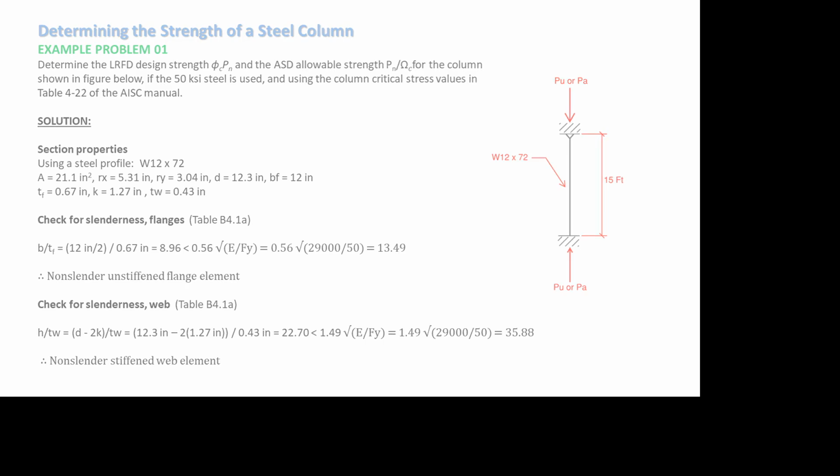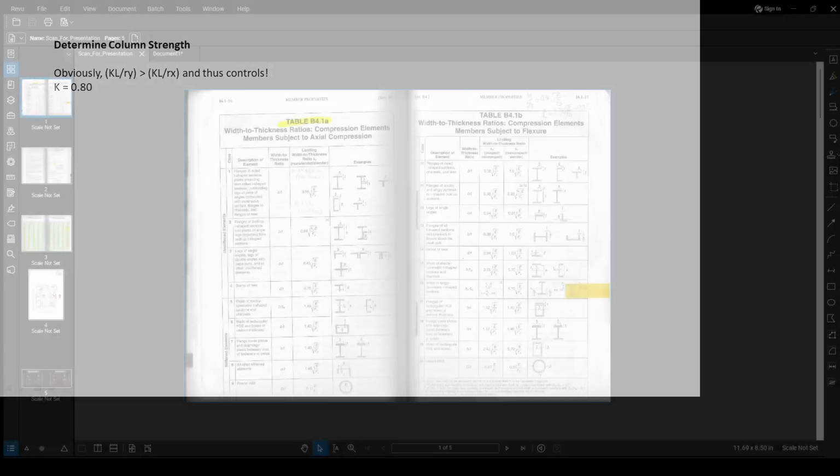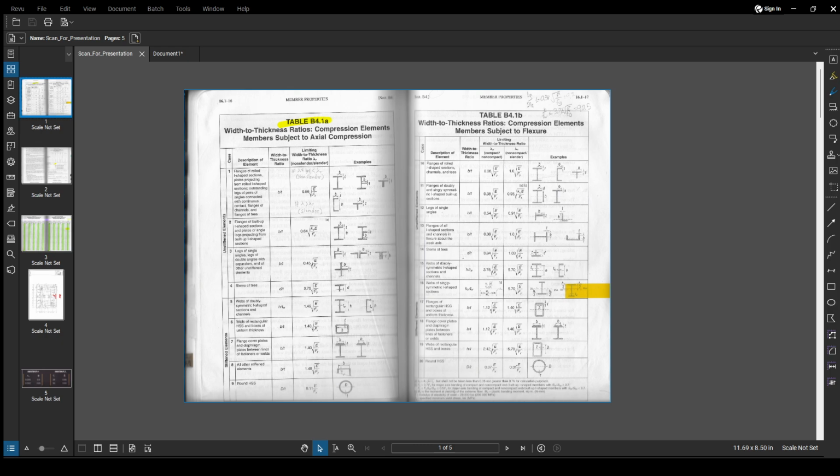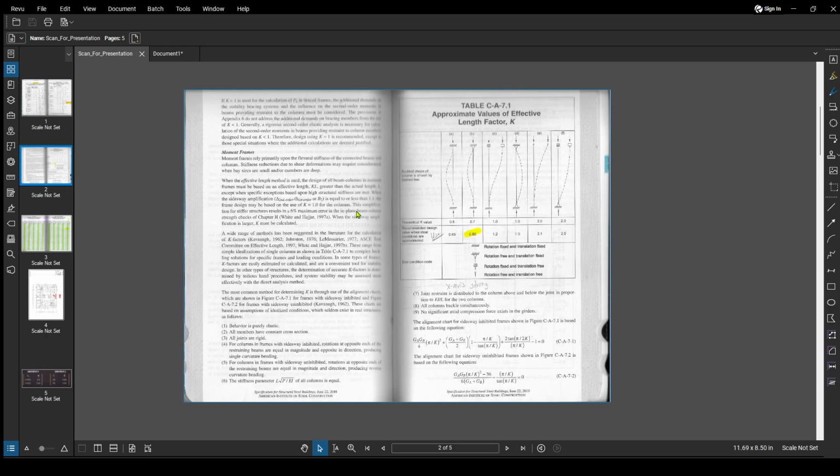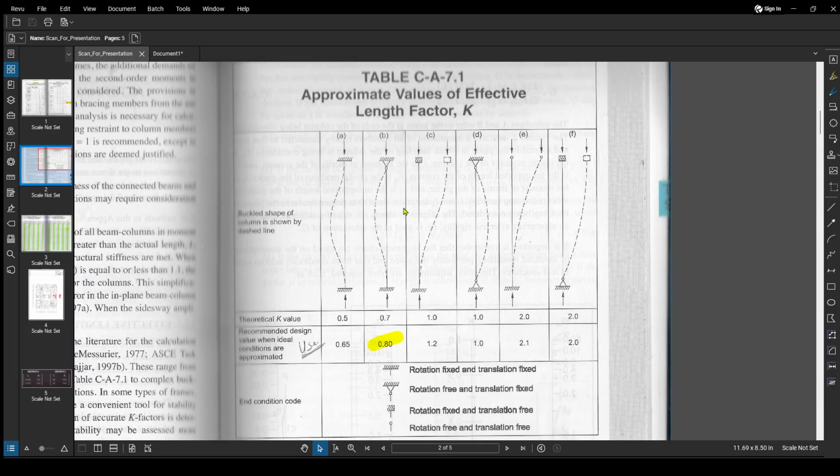The next step is to determine the strength of the column. Since the column condition has one end pinned and the other fixed, we need to use the K value for the pin-fixed condition.